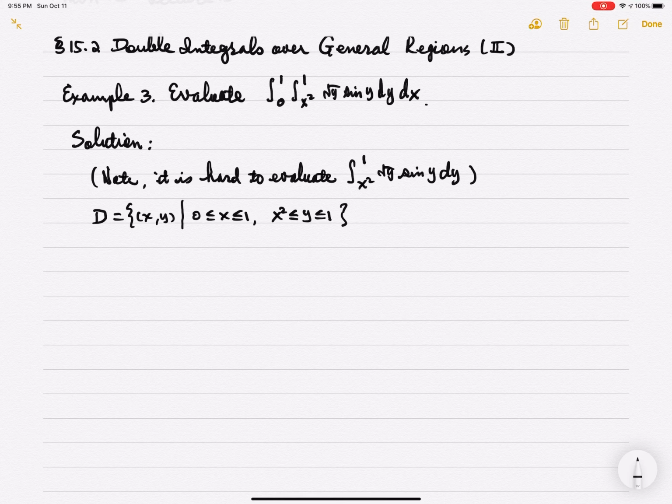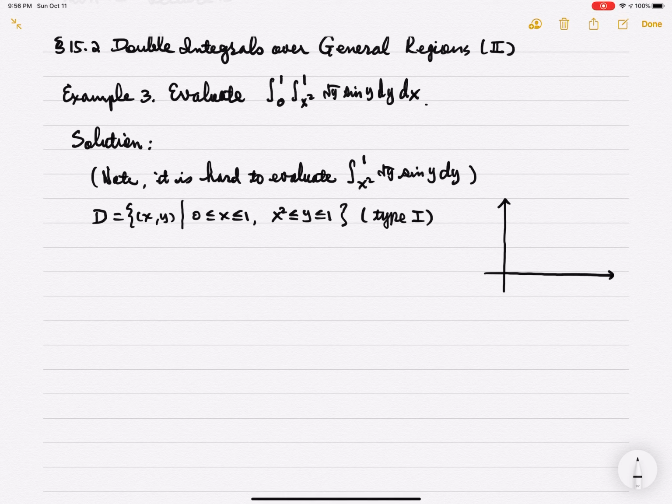So that's this. Now notice this is a type 1 region. Let's draw the picture of this region.